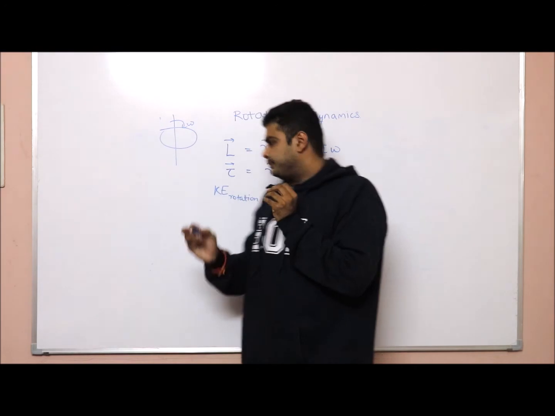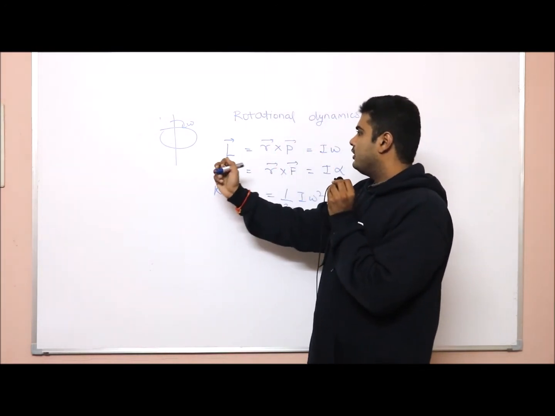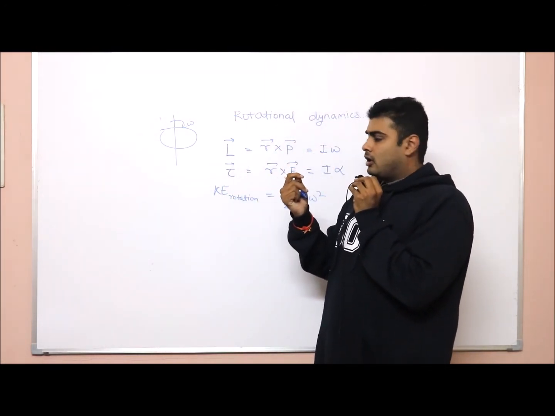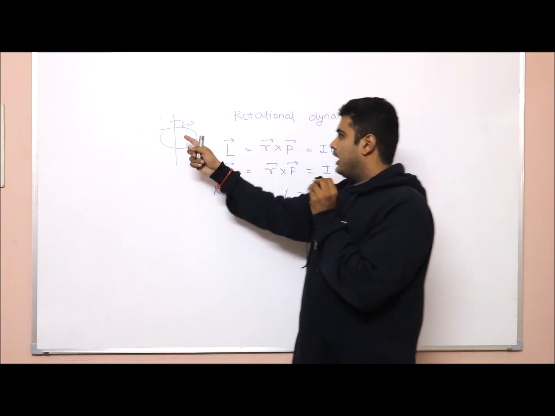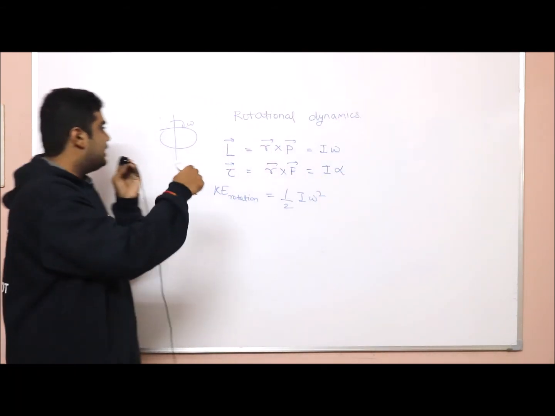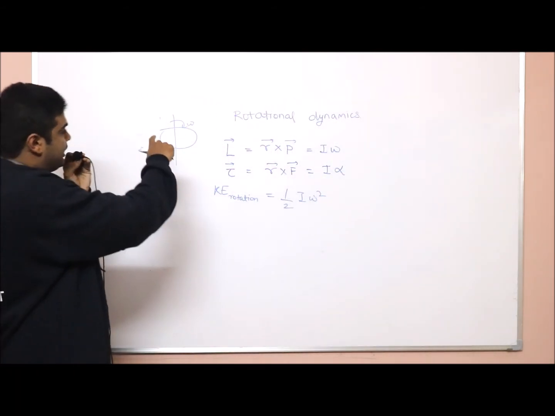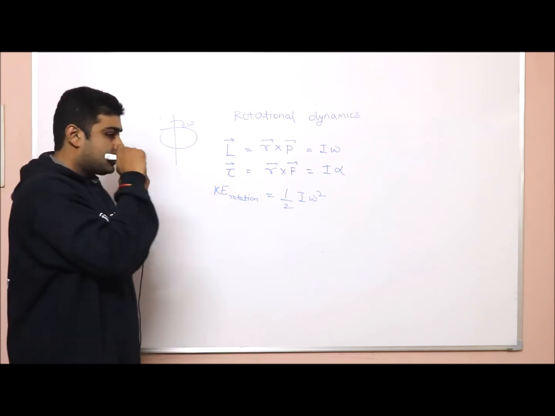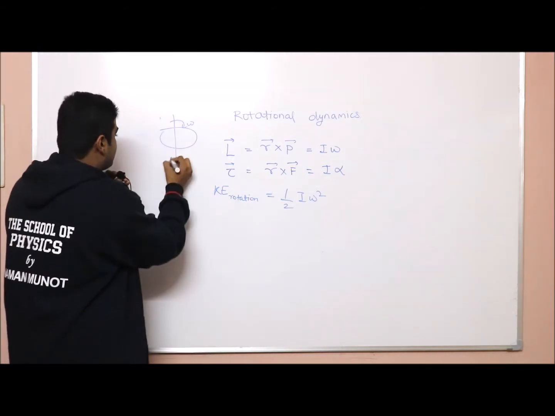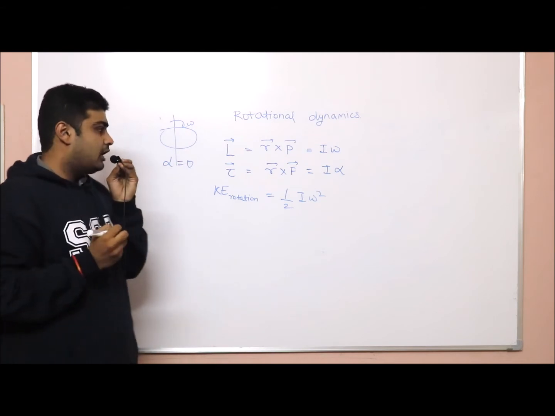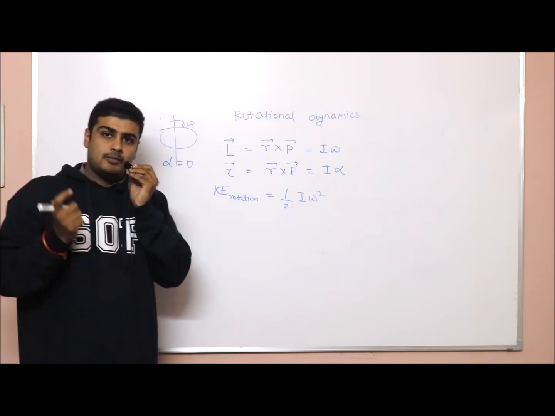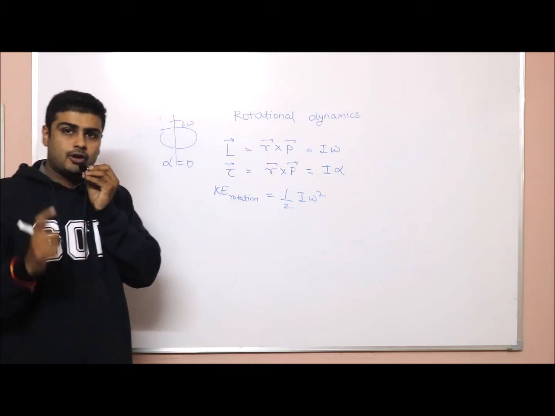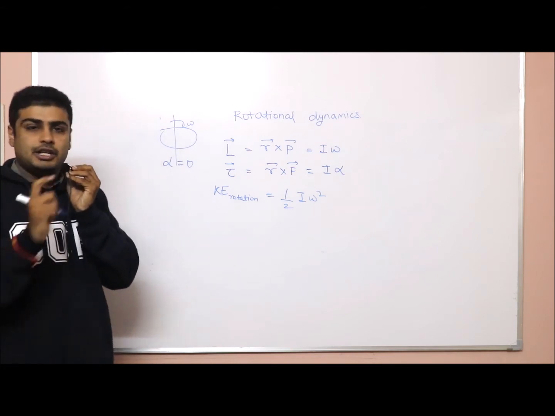Okay, so I'll also tell you a bit about this. So suppose this is the body and it's rotating at an angular velocity omega and there's no angular acceleration. So what will happen to the torque? The torque will be 0.